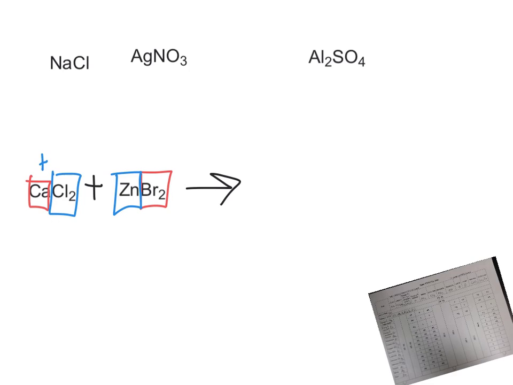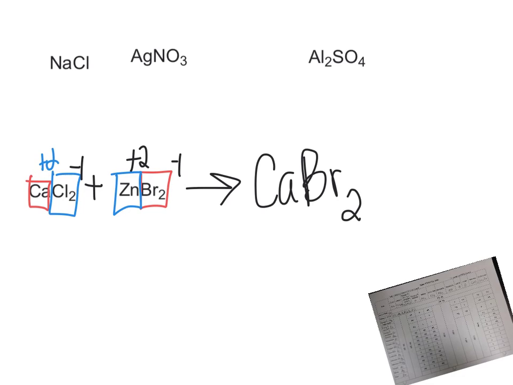Charge on calcium plus 2, charge on chlorine minus 1, charge on zinc plus 2, bromine minus 1. So we're going to end up with calcium bromide, CaBr, the plus 2 coming from the calcium, minus 1 for bromine. So we're going to end up with 2 bromine when we crisscross our charges.